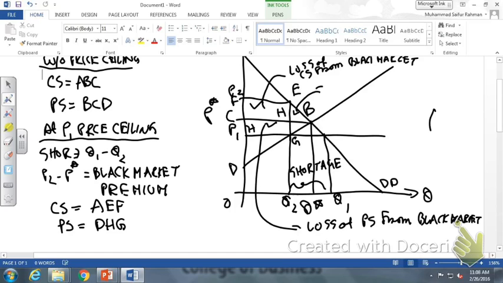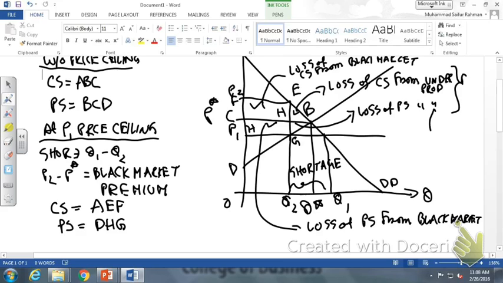The loss of the economy comes from these two rectangles. This is loss of consumer surplus from underproduction. And the lower triangle is the loss of producer surplus from underproduction. Together, they form what we call deadweight loss. So the deadweight loss is the larger triangle BEG. It has two rectangles.